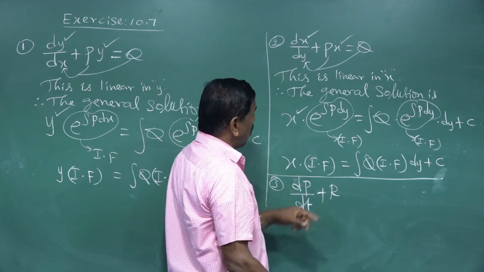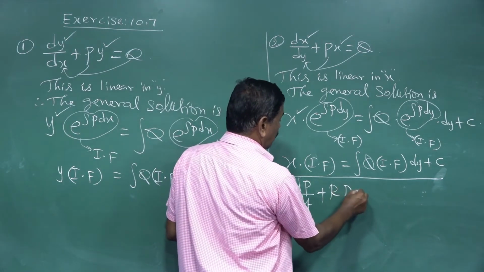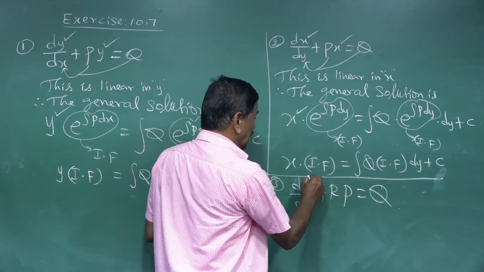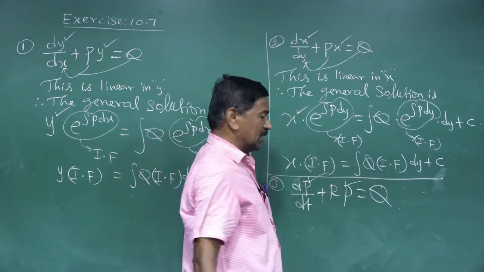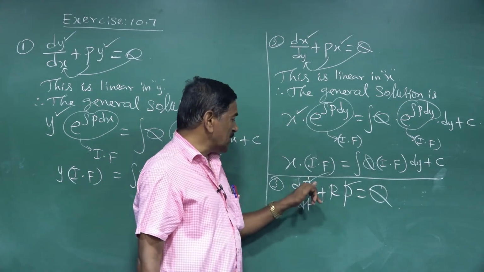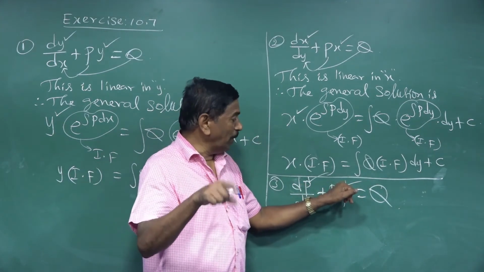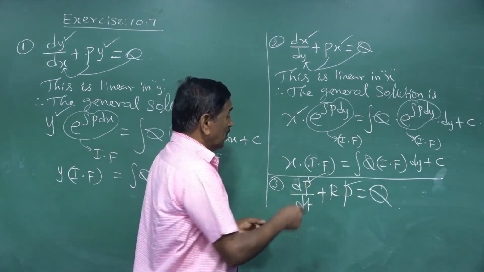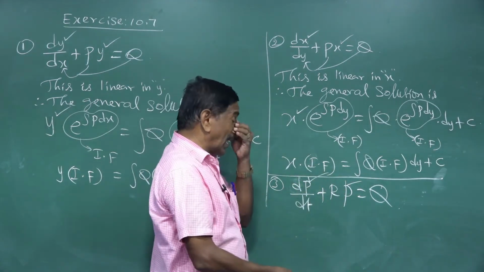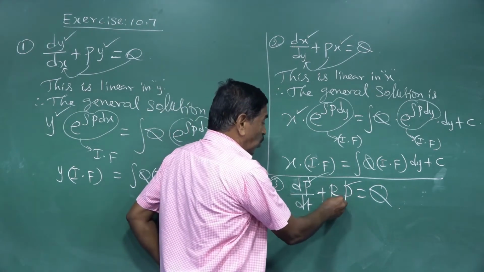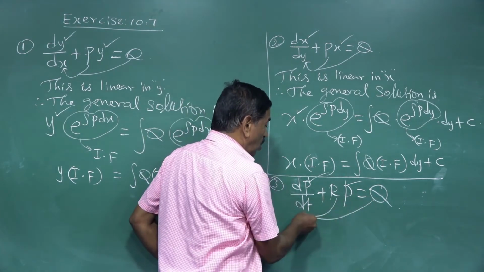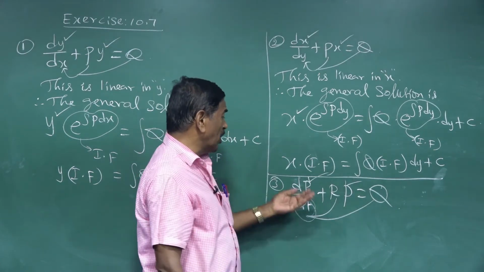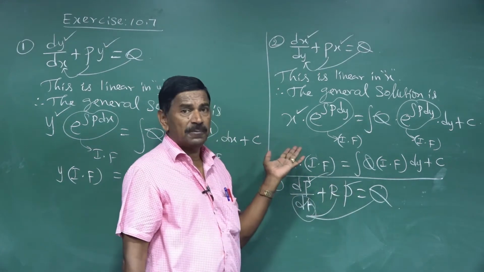So dp by dt plus R into P is equal to Q. Now, differential of P: only one P whose power is 1 and which is free. So this is linear in P, and the P coefficient and the Q are all functions of t.